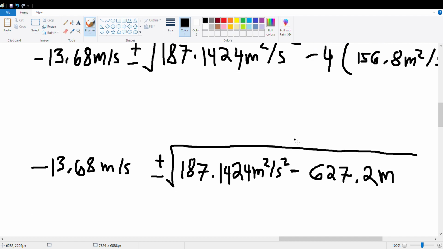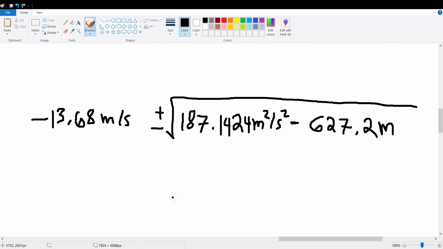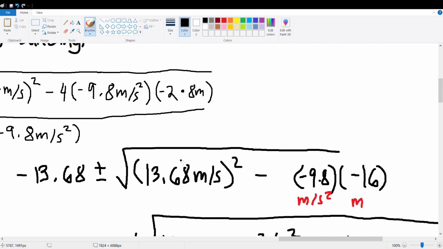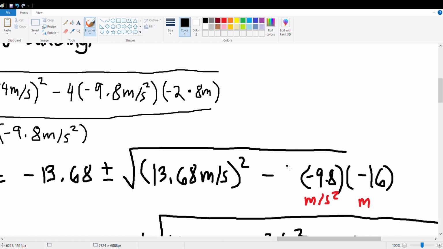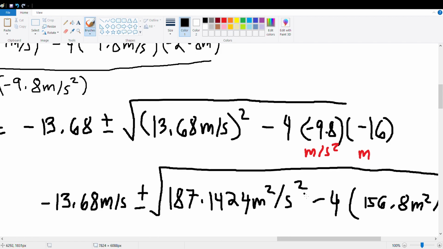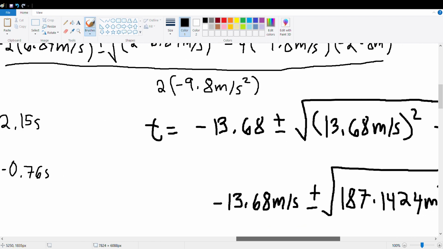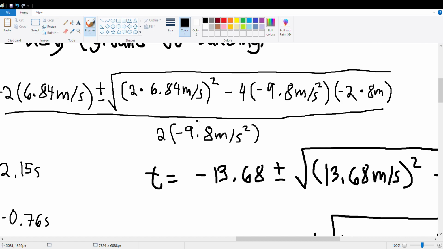Wait, I just realized you can't square root a negative number, so I might actually be missing something here. Hold on.